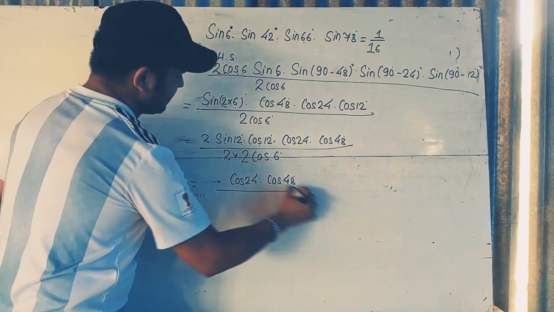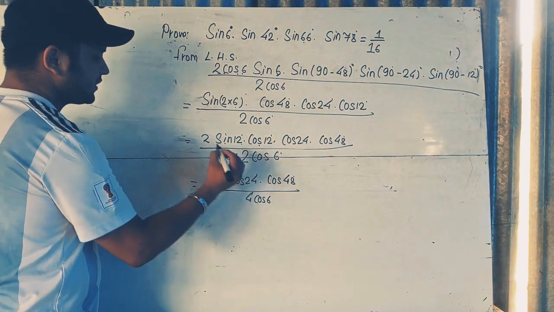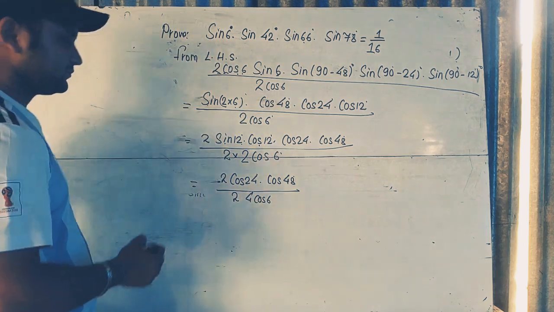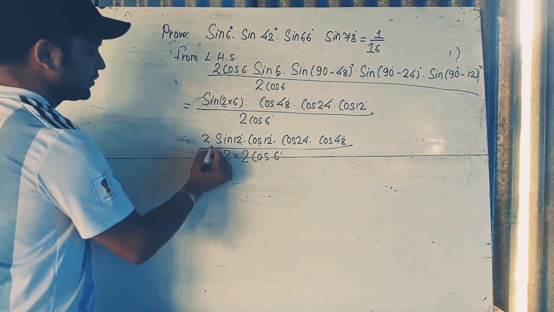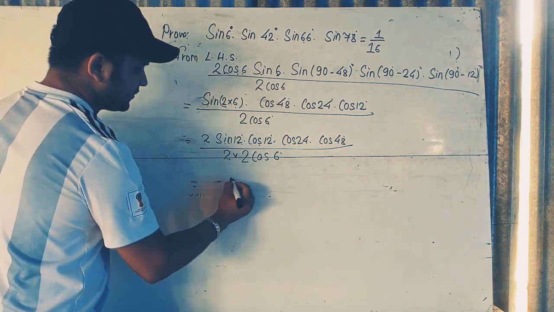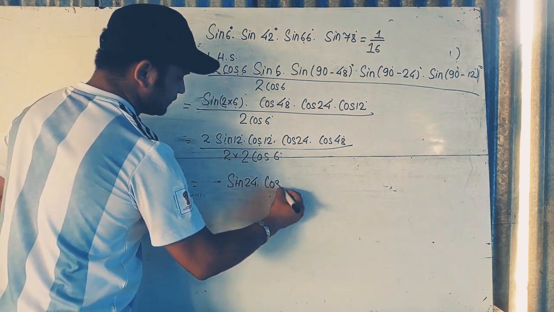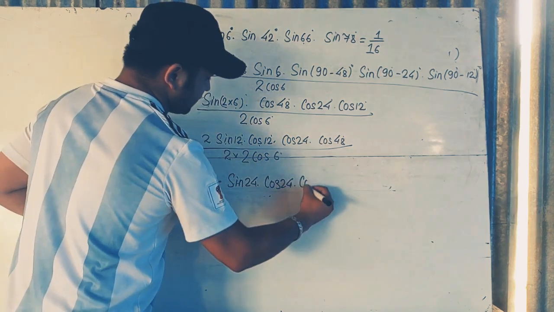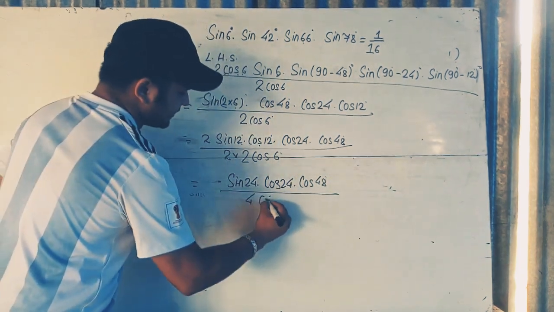Now in the denominator you have 2 to the 4 cos 6. Now you can multiply the numerator by 2 and also the denominator by 2. 2 sin 12 cos 12 gives you sin 24. You have cos 24. You have cos 48. You have 2 to the 4 cos 6.